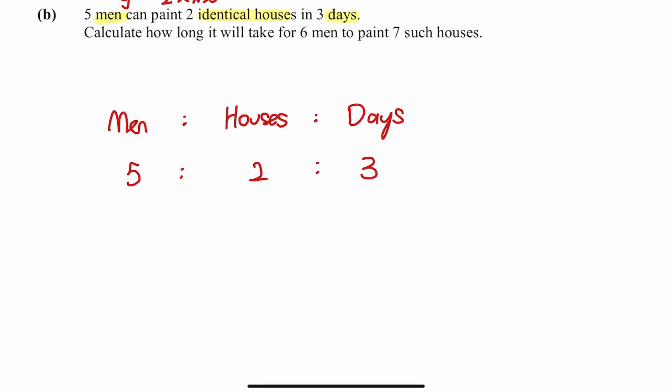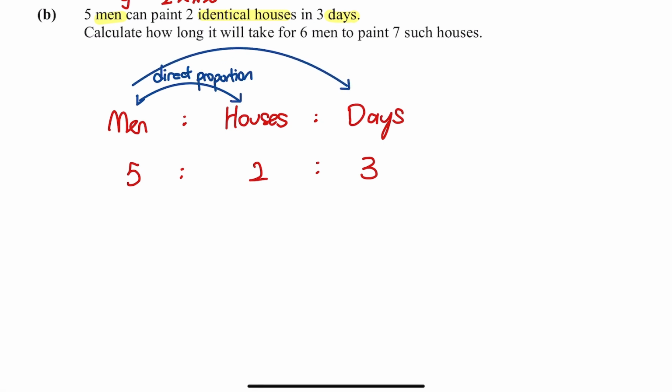So what I can do is that, over here, relate men and houses. If I have more men, I can paint more houses. So therefore, this is directly proportional. Direct proportion. Maybe I write clearly. Direct proportion. If I have more men, I will need less days.